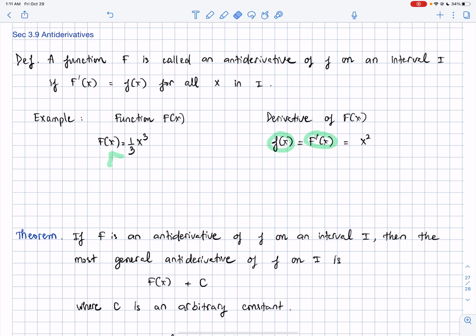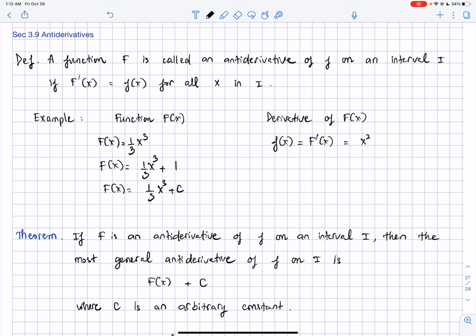However, we not only have one answer for this. What if we have big F of x as 1/3 x cubed plus 1, or in general 1/3 x cubed plus some number c?